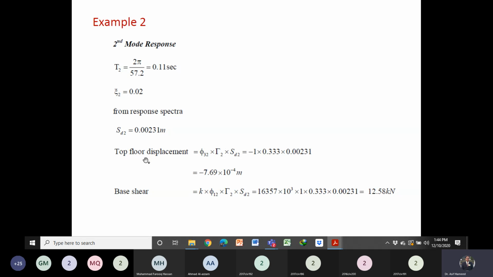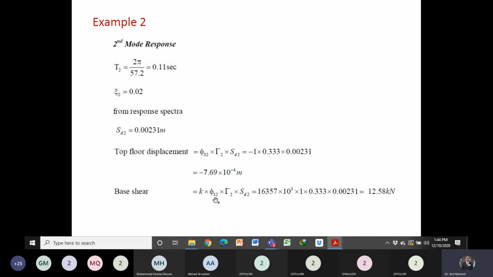Similarly, we can calculate the top floor displacement in the second mode of vibration and also the base shear in the second mode. We can calculate the time period, we can calculate the damping ratio, and we can see the value of the spectral displacement from the graph. Again, multiply it with the relative displacement of the top floor or the third floor in the second mode of vibration.